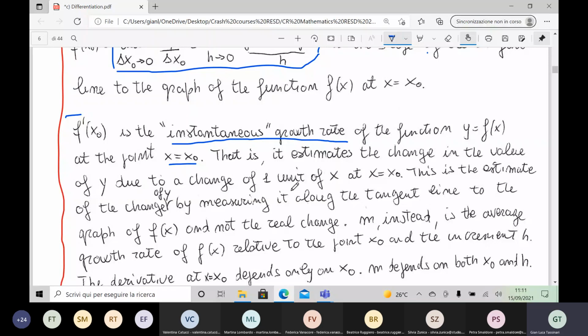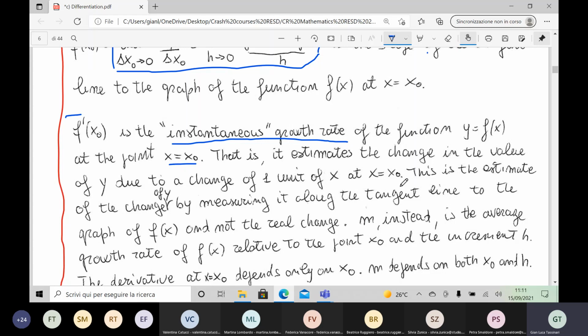So it estimates the increment, which can be positive or negative, in the value of the function if you increase x by 1 unit starting at the point x0.